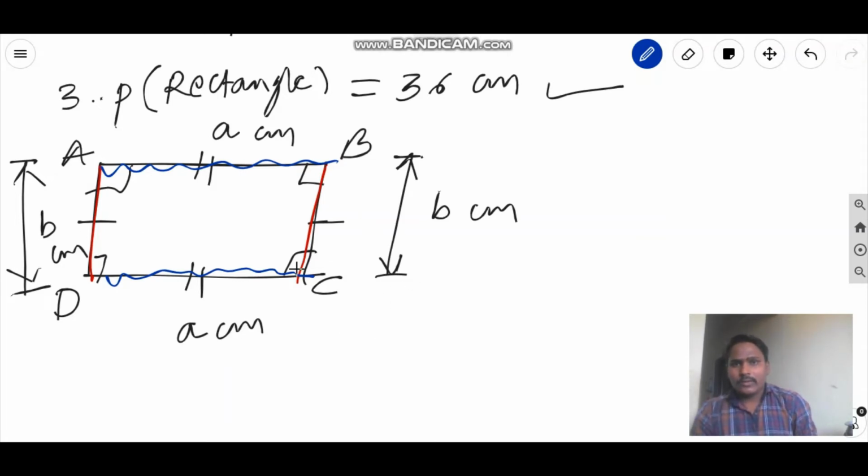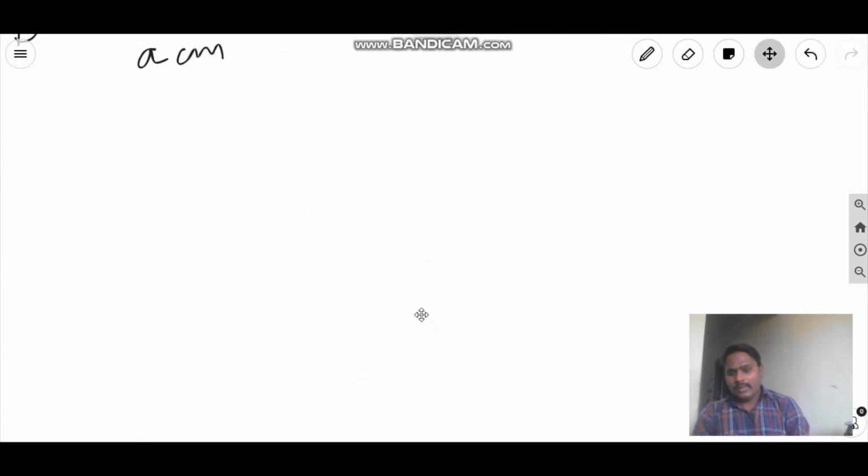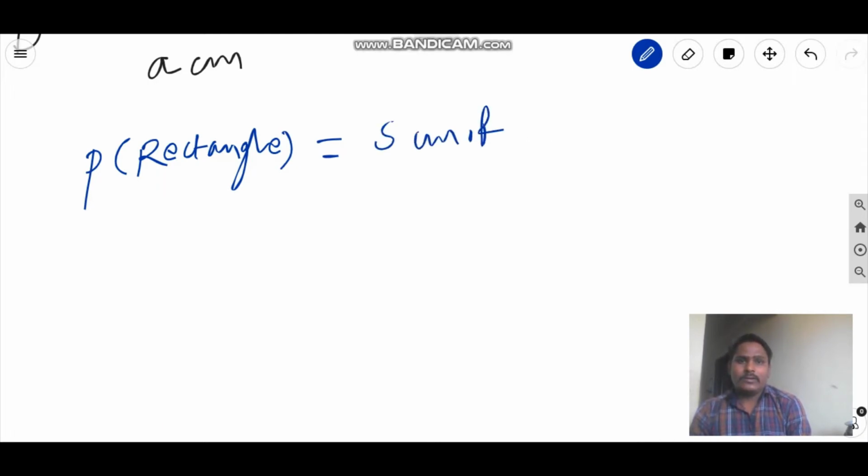Now what is the definition of the perimeter of a rectangle? The perimeter of a rectangle is nothing but the sum of all sides.